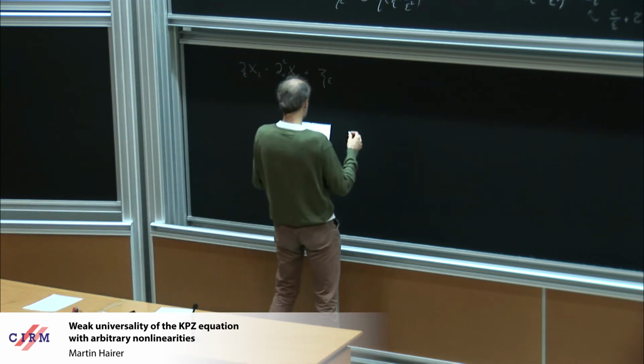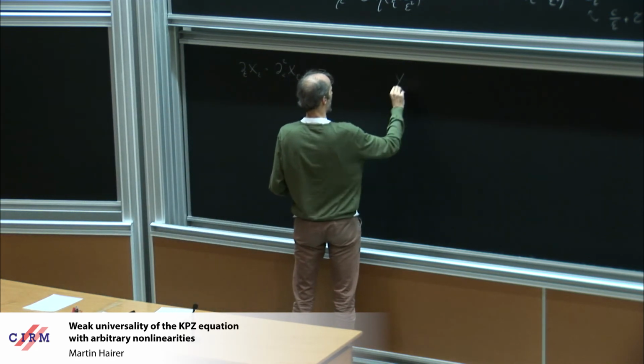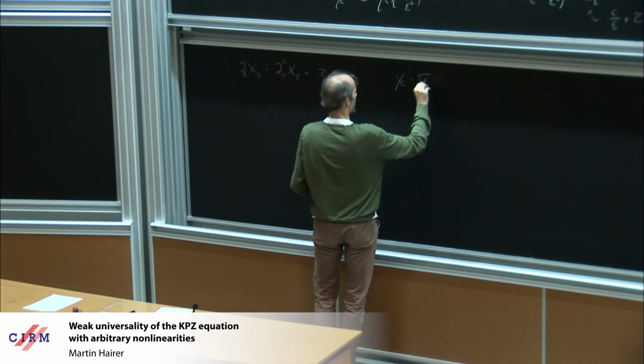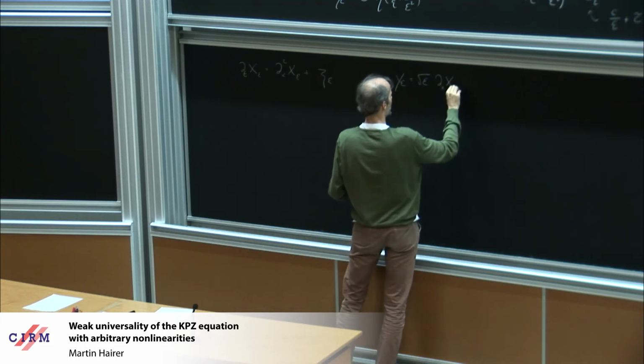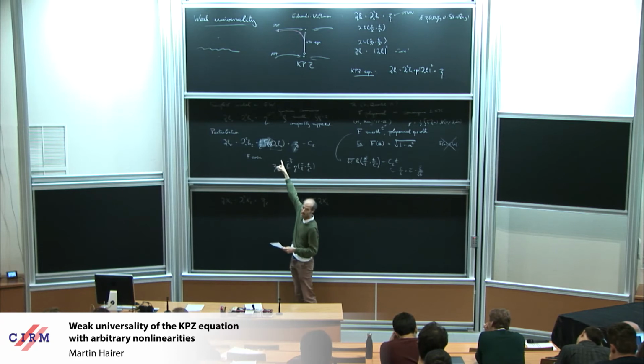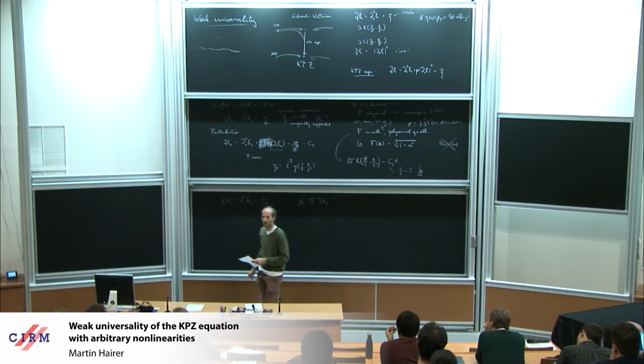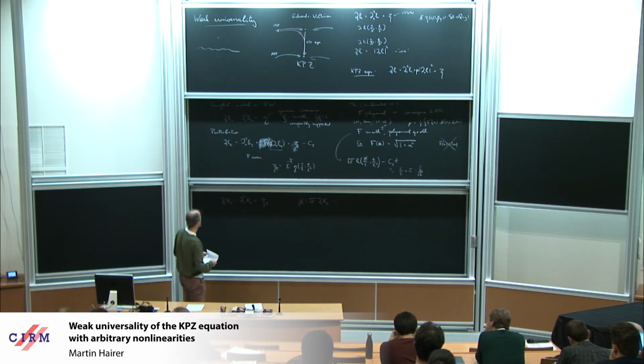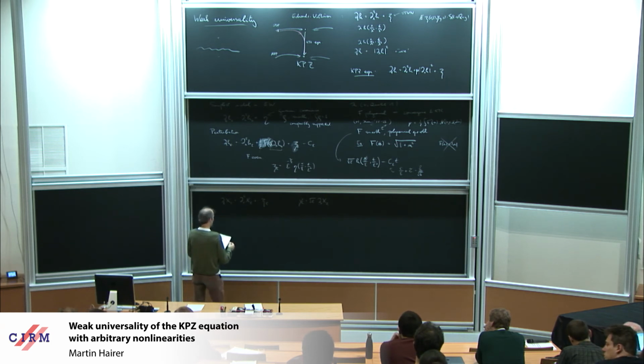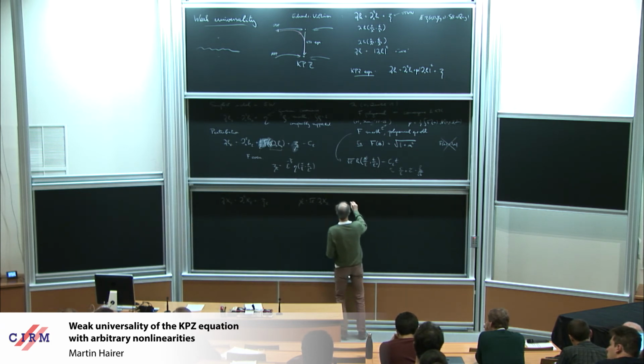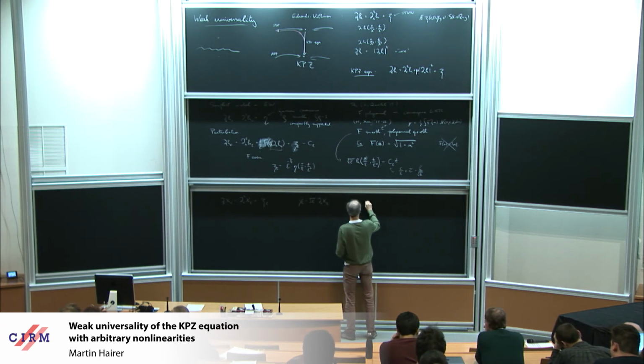And let me also call y epsilon square root epsilon times the derivative of x epsilon, because that's how it's going to show up in the nonlinearity. And then I can write h epsilon as x epsilon plus v epsilon.